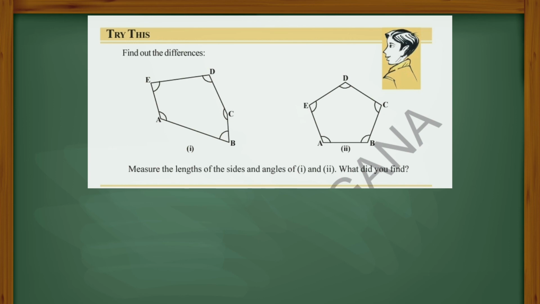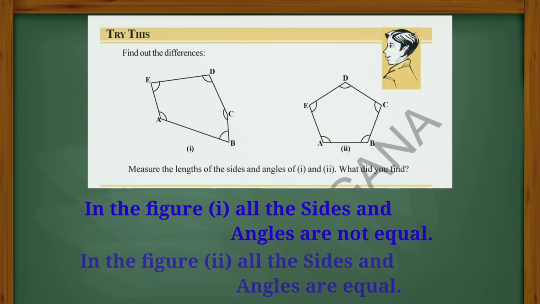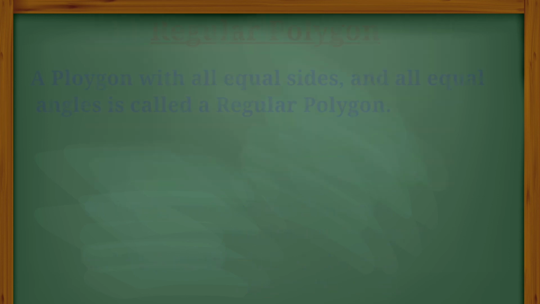See children, you can clearly identify that in the first figure, the sides are not equal and the angles are also not equal. And come to the second figure, all the sides are equal and all the angles are also equal.